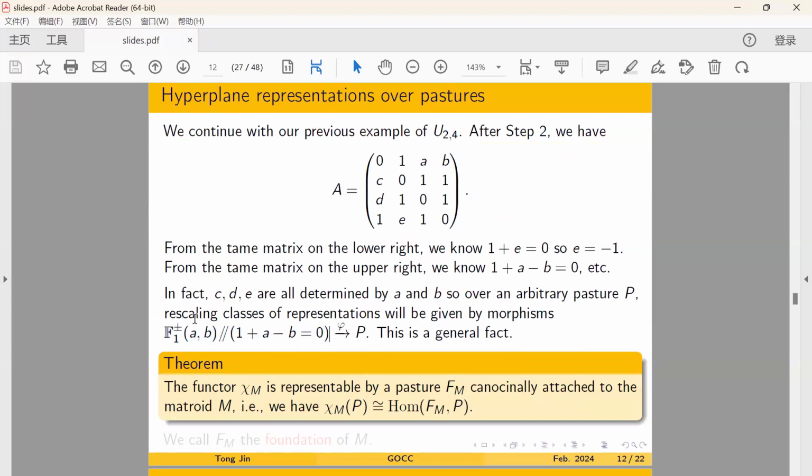It is the regular pasture field joined with 2 more variables that satisfies this additive relation, the extra additive relation. And the set of all rescaling classes of representations is actually in bijection with the morphisms from Fm to P. And we call Fm in the theorem the foundation of the matroid M.